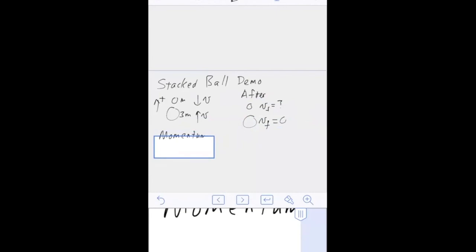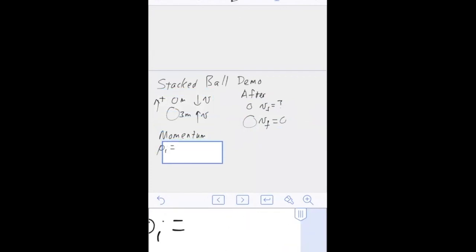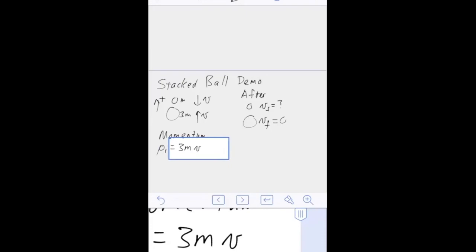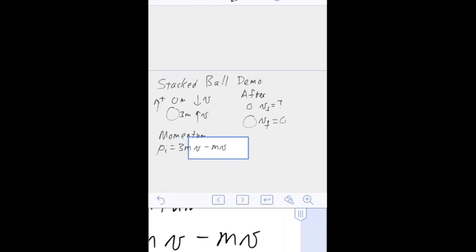So P initial is going to be equal to, remember we've got up being our positive direction, so the bigger ball has positive velocity, 3m is its mass, times v. And then minus, the upper ball has a momentum that's negative because it's moving down.